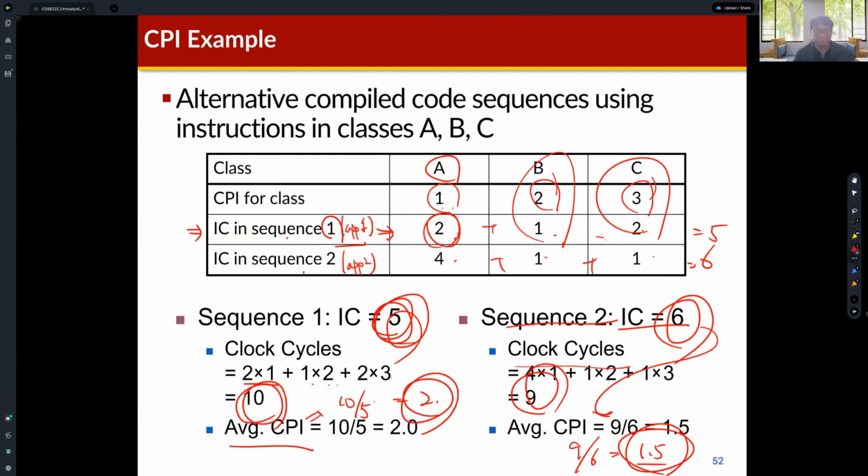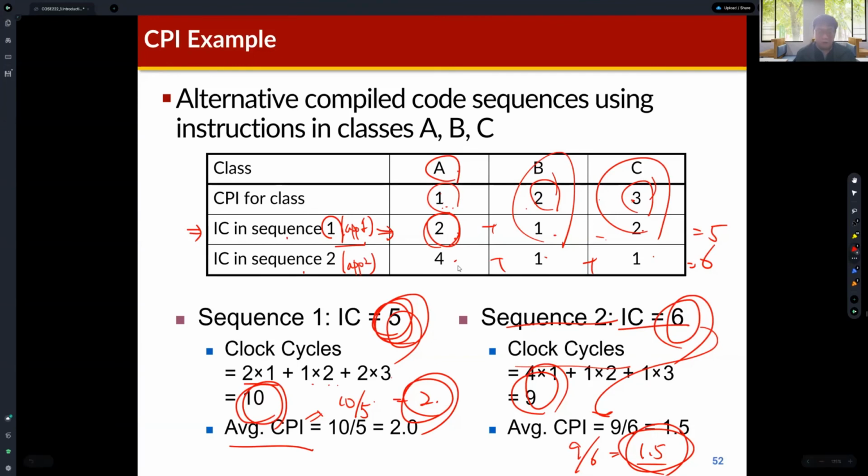So we can calculate CPI based on the definition of CPI. What's that? The number of total clock cycles divided by the number of total instructions. And different instruction classes can have different CPIs, like this.